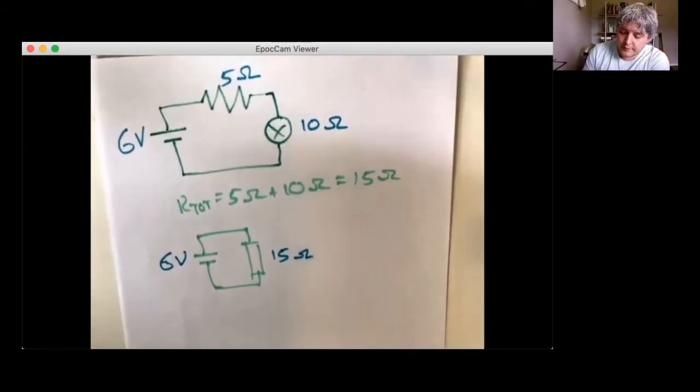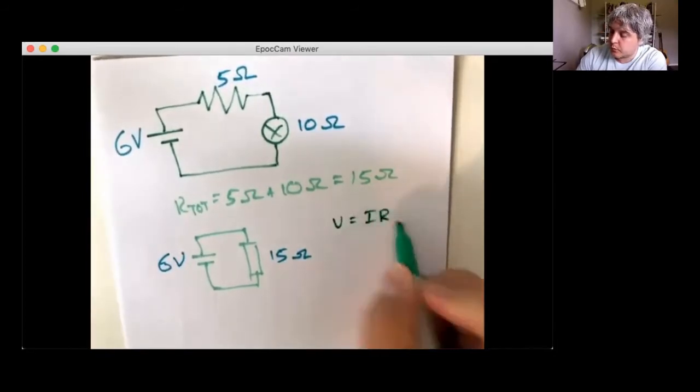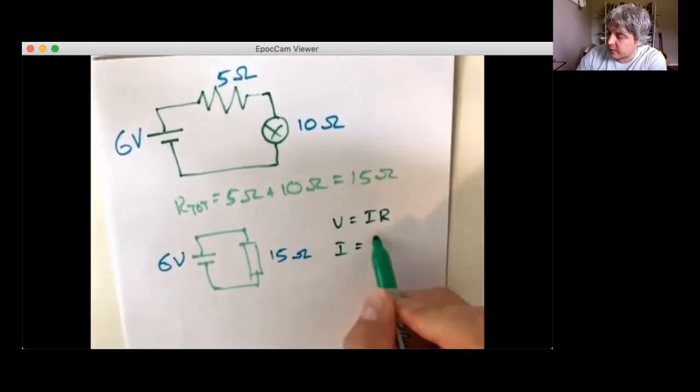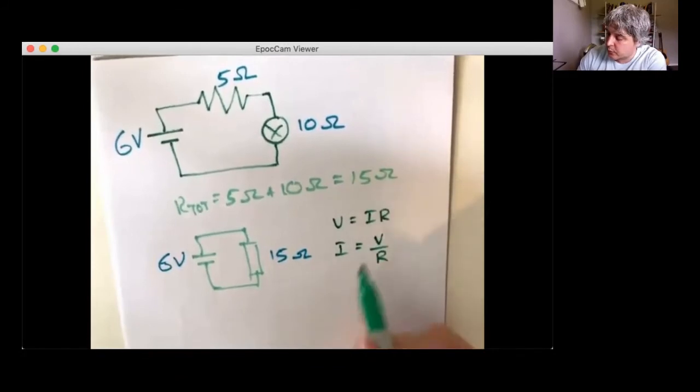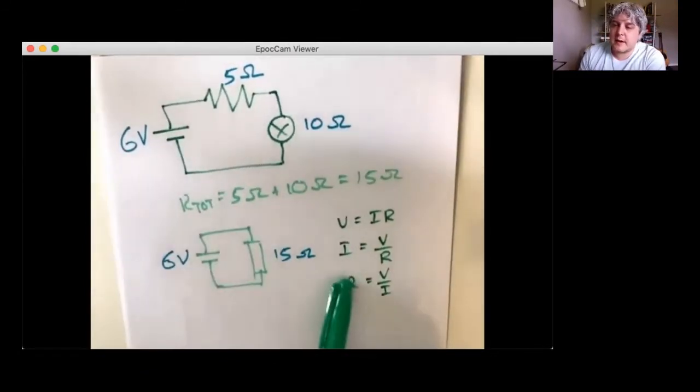And the point of a simplified circuit is that we can now use Ohm's law. Right? We know V equals IR, or as I said the other way around, I equals V over R, or of course R equals V over I. So those are all perfectly valid ways to write Ohm's law. But what they do is they allow us to look at the circuit. We know the voltage across the circuit.